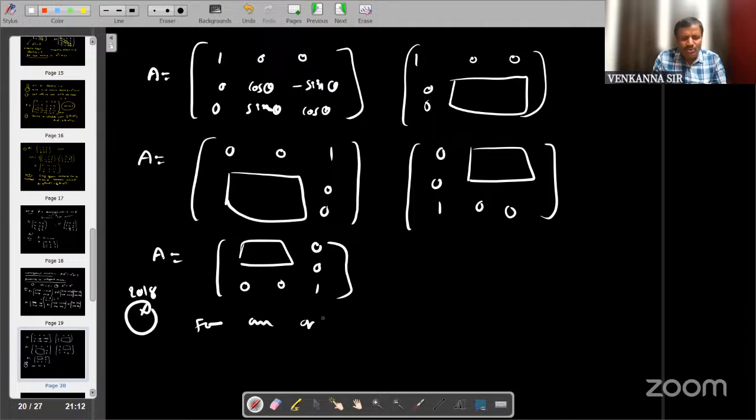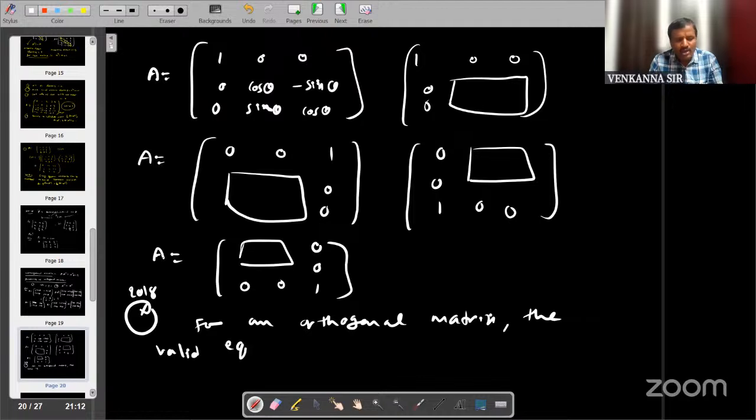For an orthogonal matrix, the valid equality is, for an orthogonal matrix, the valid equality.